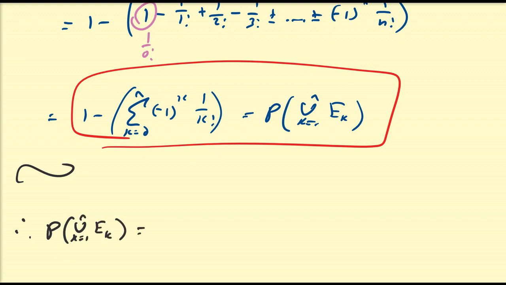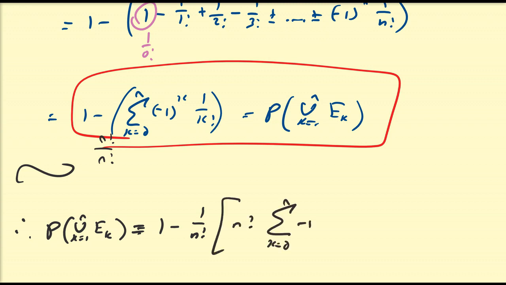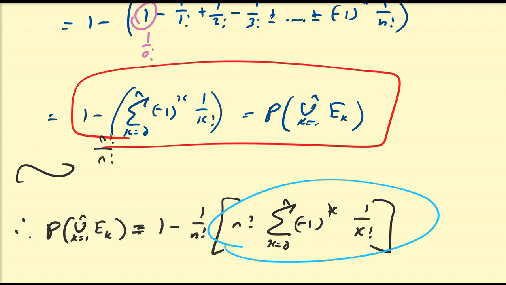So what I'm going to do is multiply and divide by n factorial, so this is n factorial over n factorial. So we have 1 minus 1 over n factorial times n factorial times the sum from k equals 0 to n of negative 1 to the k, 1 over k factorial. And this precisely is the subfactorial of n.